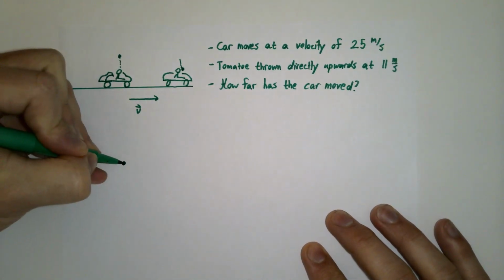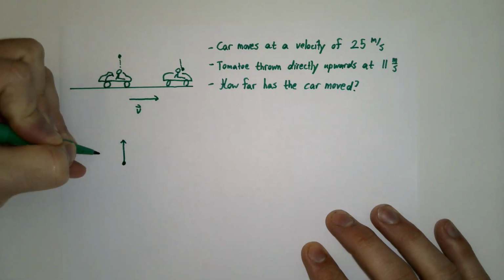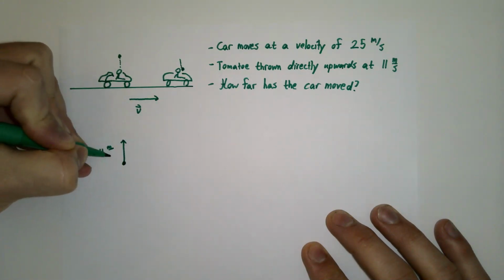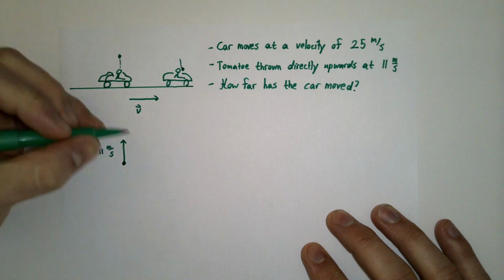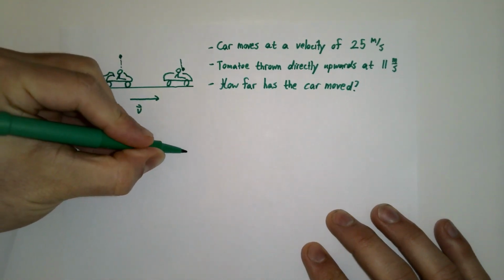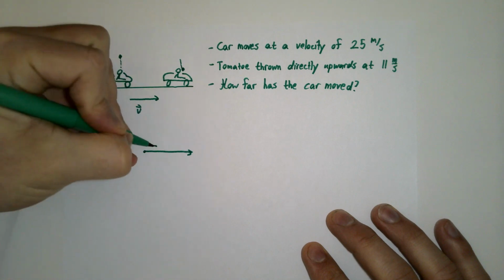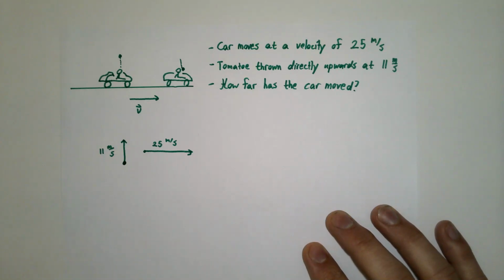Our tomato is given a directly vertical velocity of 11 meters per second to start with. That's its starting velocity. And it's given a horizontal velocity of 25 meters per second to the right. Those are the two velocity vectors associated with the tomato.